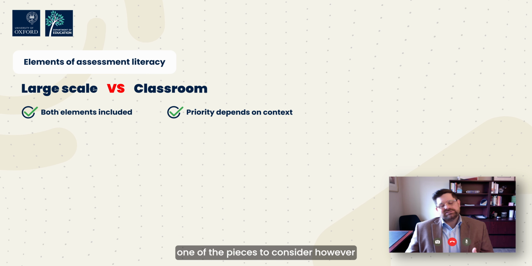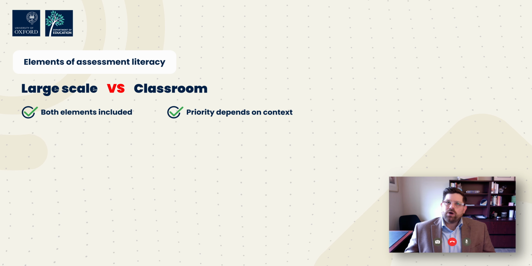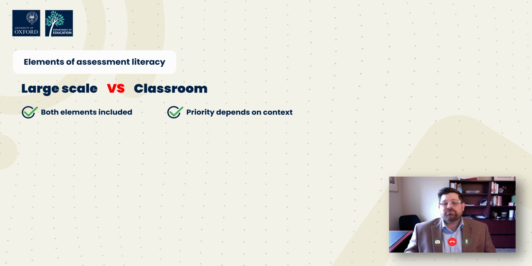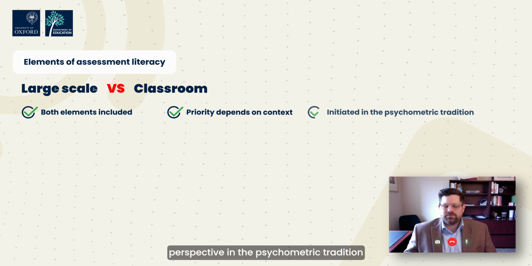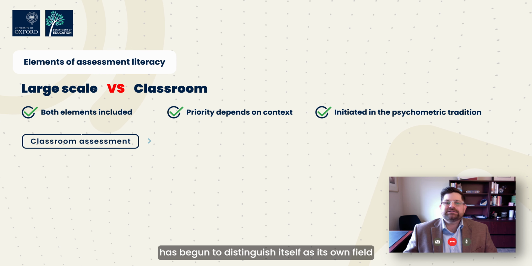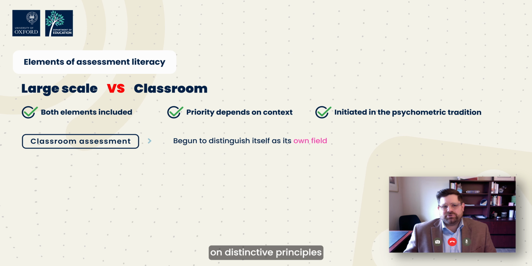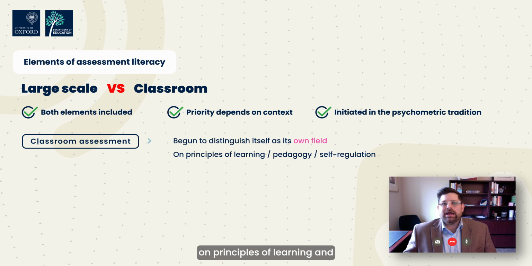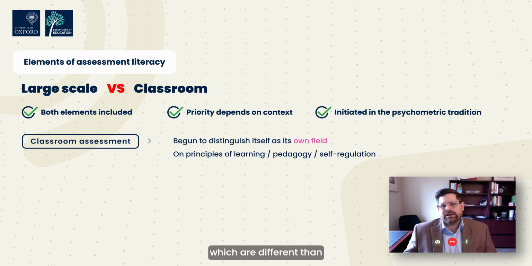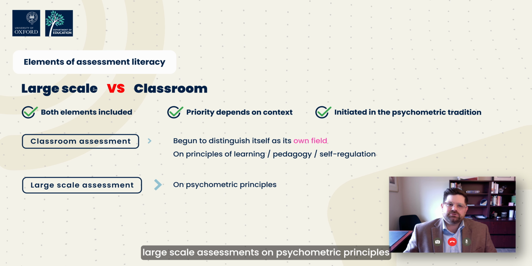One of the pieces to consider, however, from a field perspective, is that while assessment and even classroom assessment was initiated from the measurement perspective in the psychometric tradition, more recently, classroom assessment has begun to distinguish itself as its own field on distinctive principles, on principles of learning and pedagogy and self-regulation, which are different than how we might position large-scale assessments on psychometric principles.